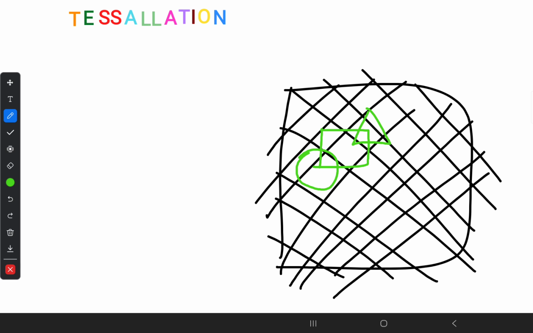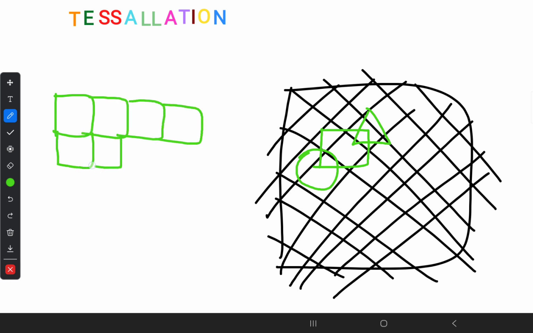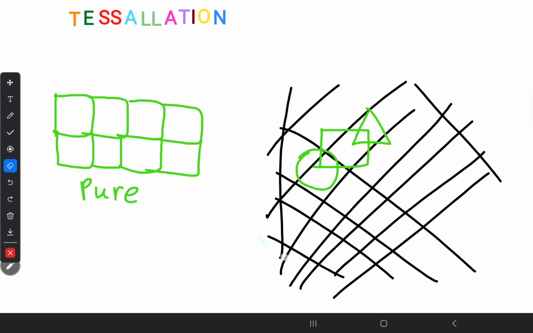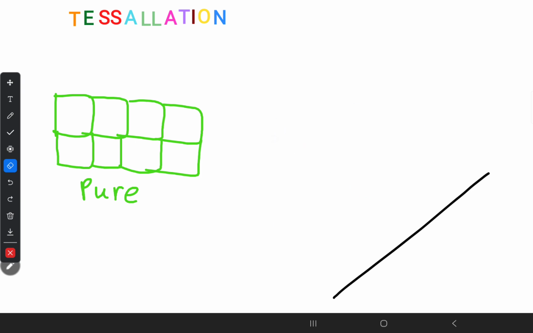We can construct a tessellation by using the same shape, for an example, a square. It will give you a kind of tessellation. Single shape. This is called pure tessellation. If you use only a single shape to construct a tessellation, that's called pure tessellation.